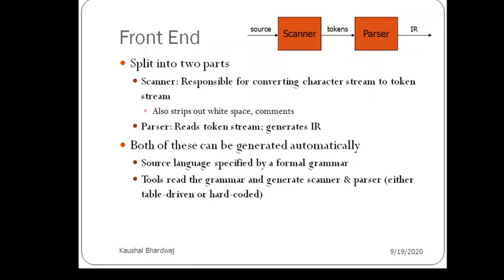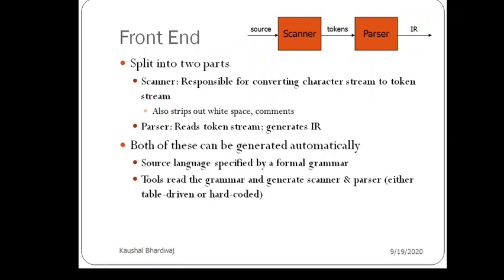So basically we are tokenizing, and we create the tokens from the given statement. Then the parser tries to understand whether it is written correctly or not, and generates the intermediate representation. Now these things can be done automatically.